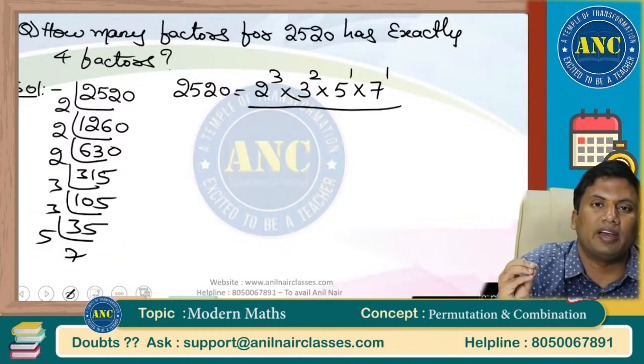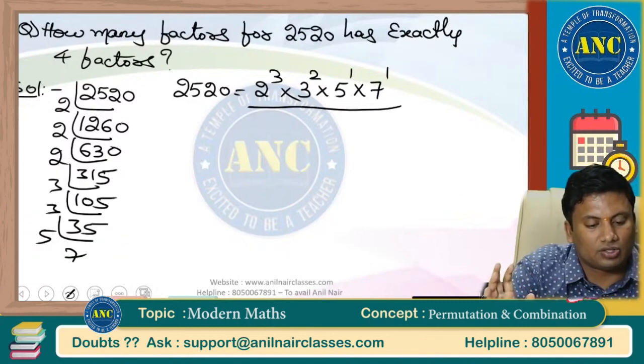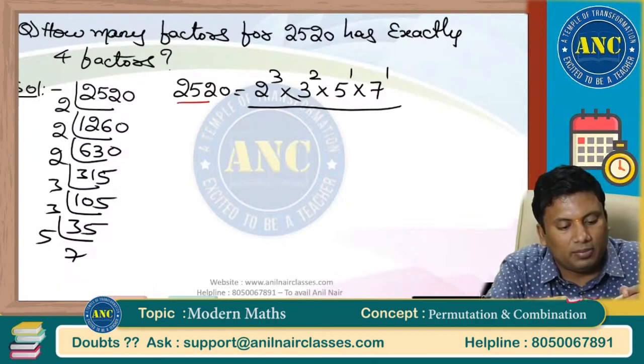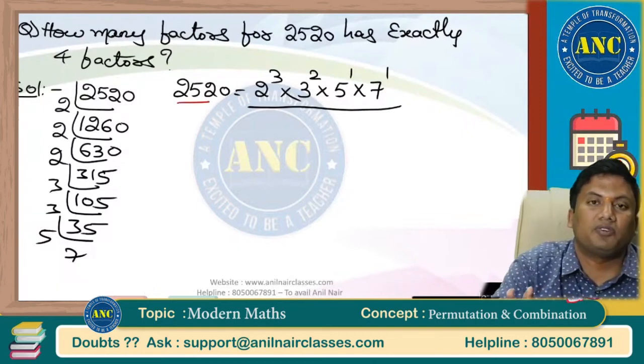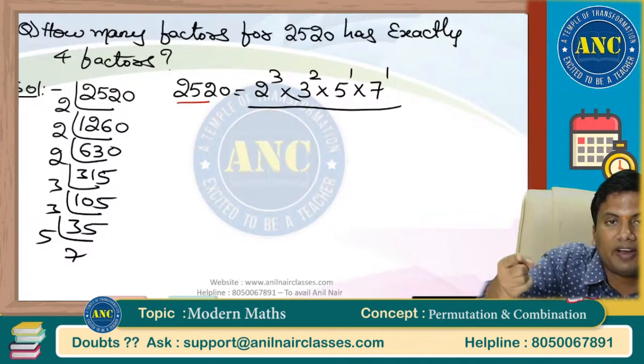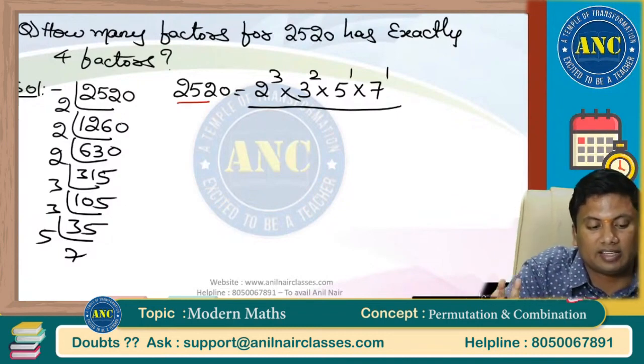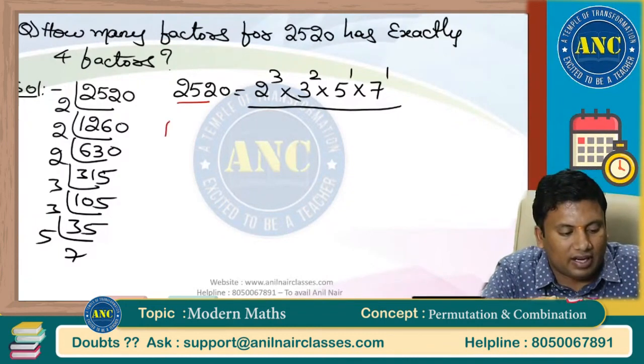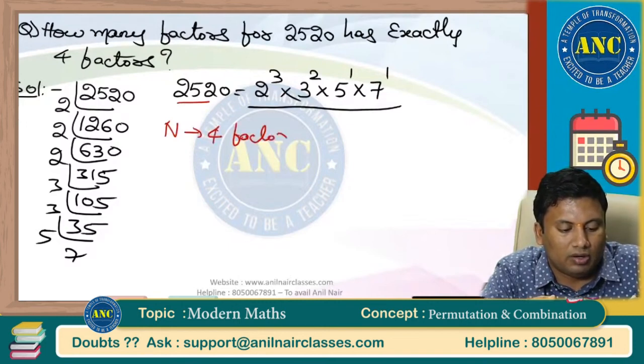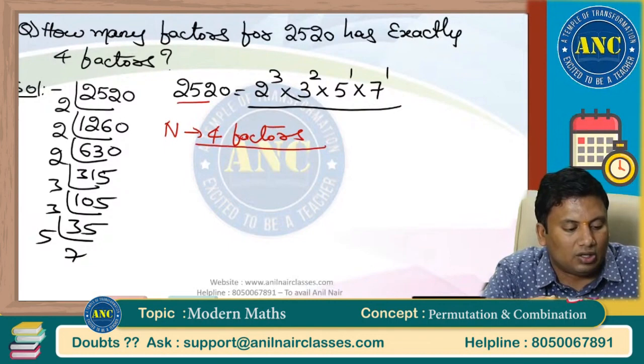You should have a good understanding of factors to solve the question. How many factors of this number have exactly 4 factors? For a number to have 4 factors, there are 2 cases.